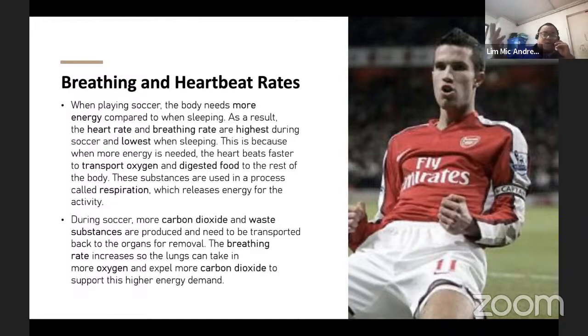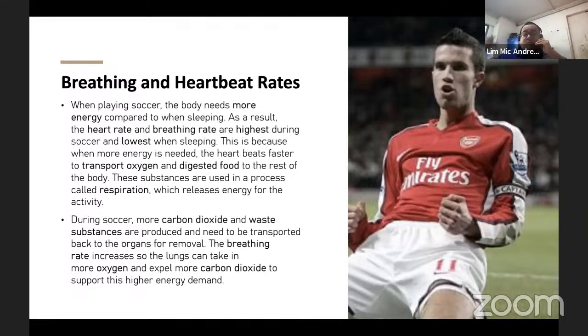So when playing soccer, like those players in the EPL, Arsenal, Chelsea, Manchester United or Liverpool, the body needs more energy compared to when sleeping. As the players kick the ball from one end of the field to the other, their heart rate and breathing rate are the highest during the soccer match and lowest when sleeping.